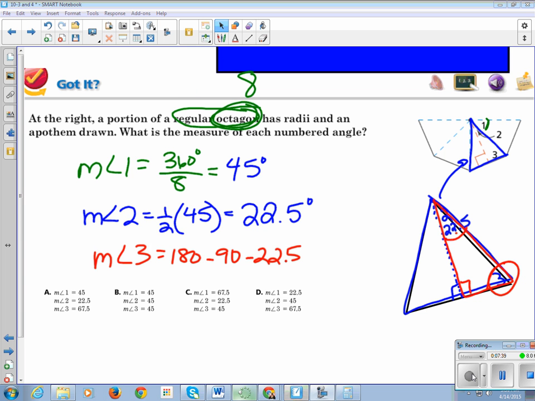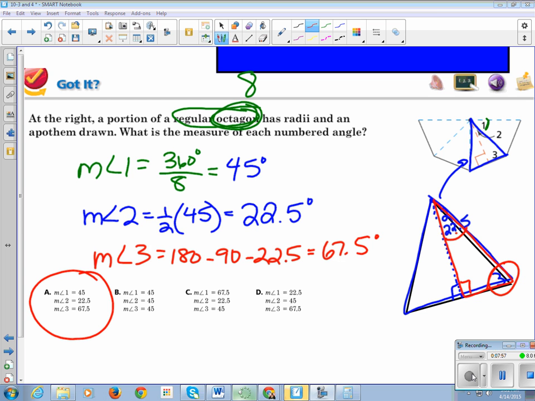So 180 minus 90 minus 22.5, I am guessing, is 67.5. So if we look here, that corresponds to answer A.